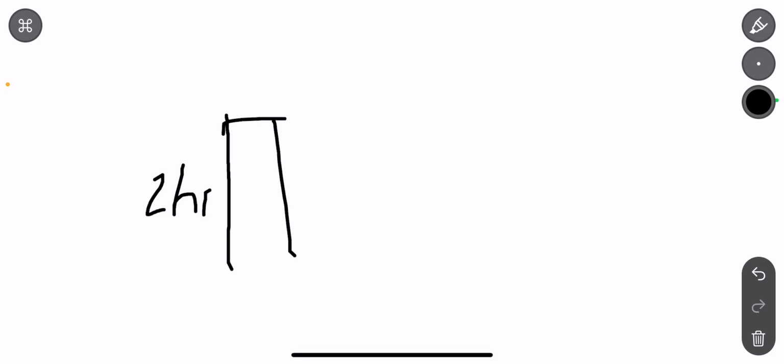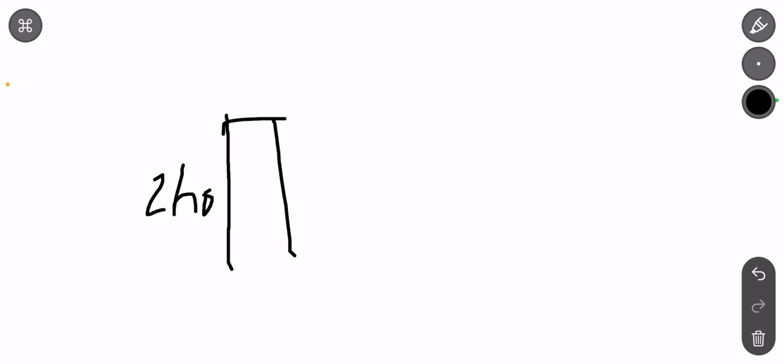Okay, so let's start off with the drawing. Let's say this is the building, and we use 2H0. We use 2H0 because if you were to write this mathematically correctly, we have to take into account that the building is twice as tall.